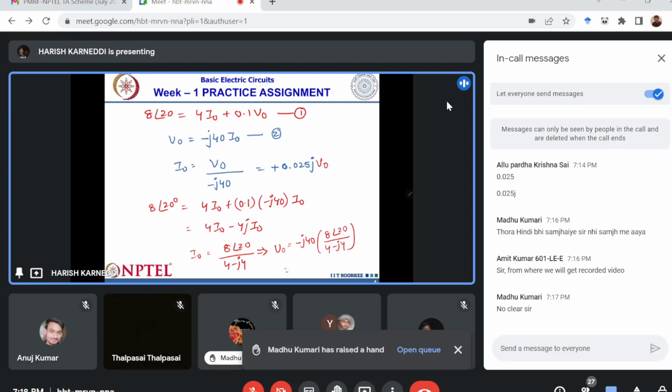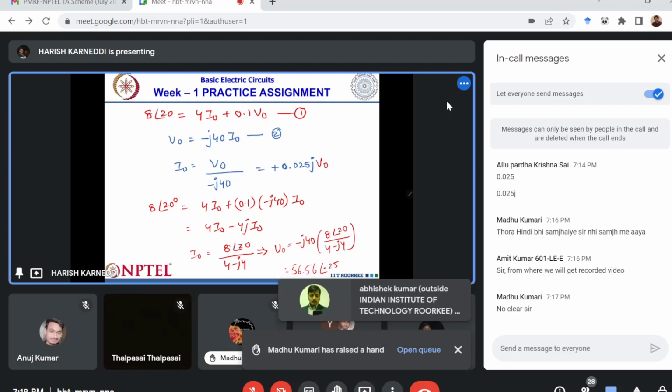One can calculate and drop it in the comment box. It is approximately 56.56 at an angle of minus 25.